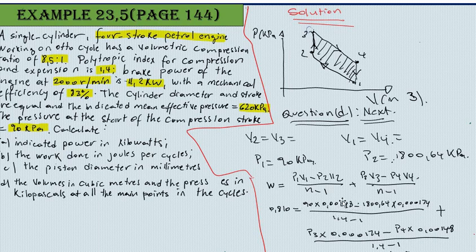If I type it: 0.00148 minus 1800.64 multiplied by 0.000174, divided by 1.4 minus 1.